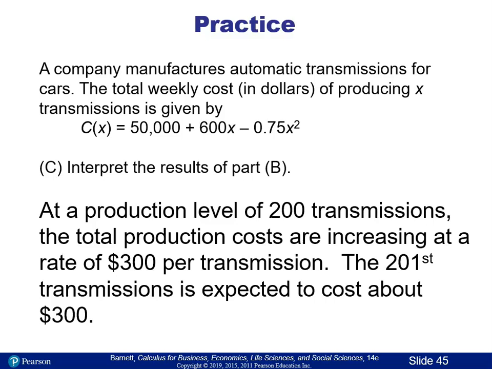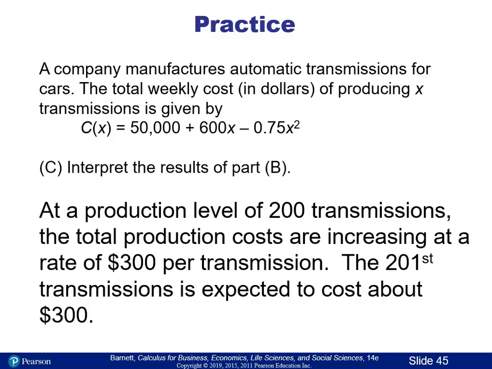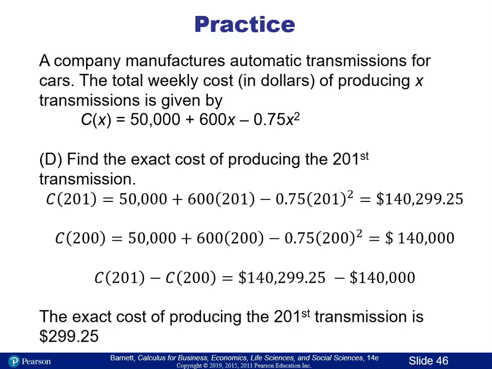Because again, the C prime, or the derivative of your cost, is an approximation for producing that next unit. To get the exact cost, you've got to calculate the cost for the 201st, subtract away the cost for the 200, and on this particular one, if you subtract those, you're going to find the exact cost is $299.25.